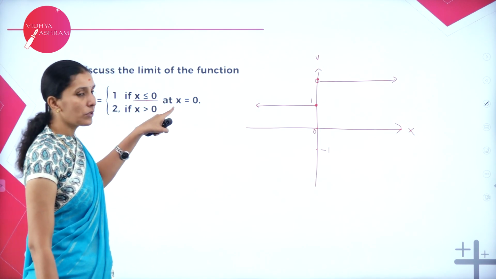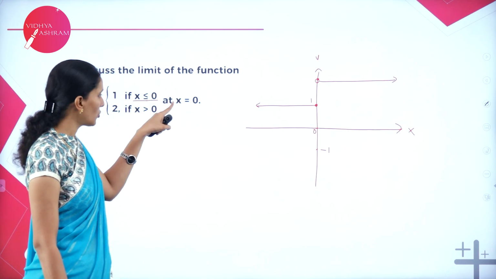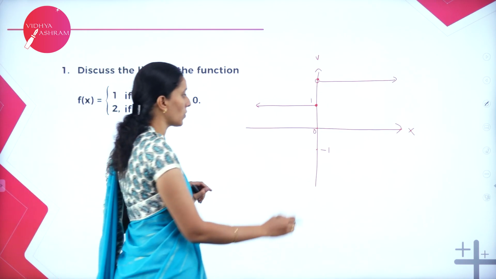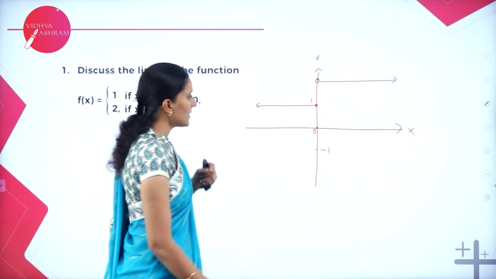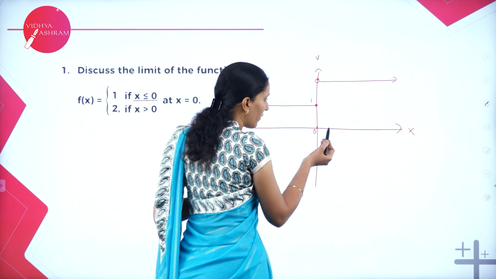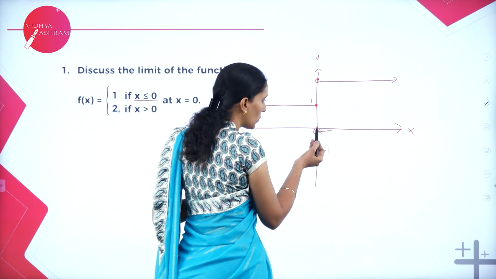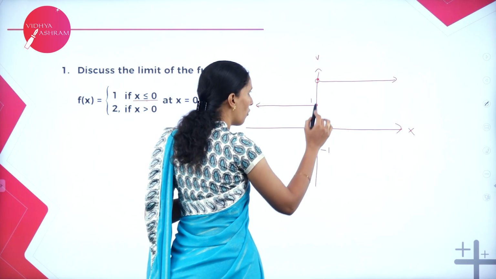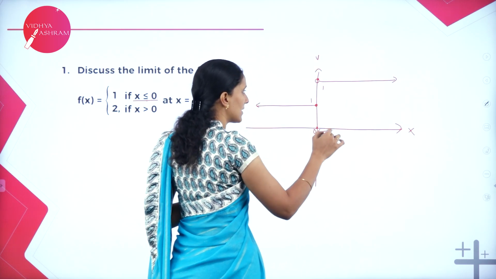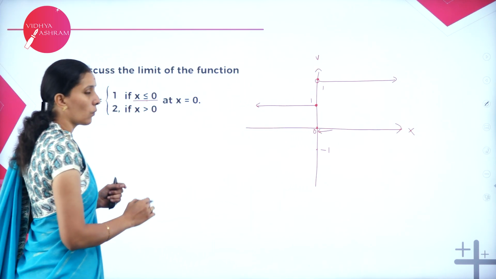Now I have to study the behavior of this function at the point x is equal to 0. So this is the point now. You can clearly see as the value of x approaches near to 0 from the right side, for all the values of x the function is equal to 2.